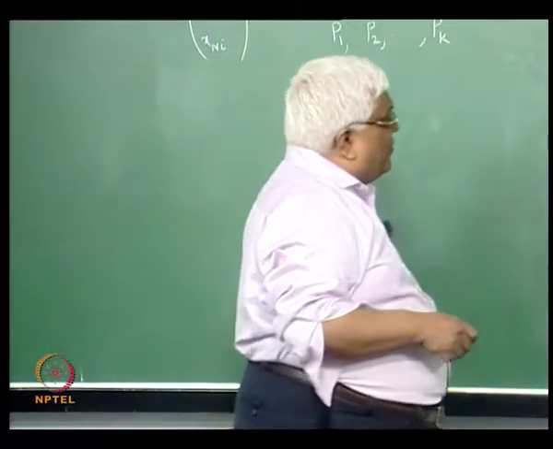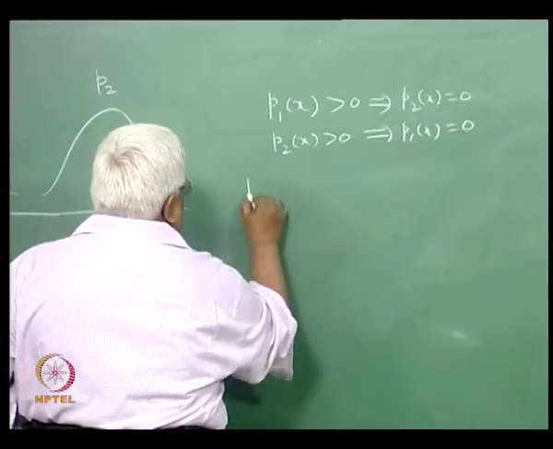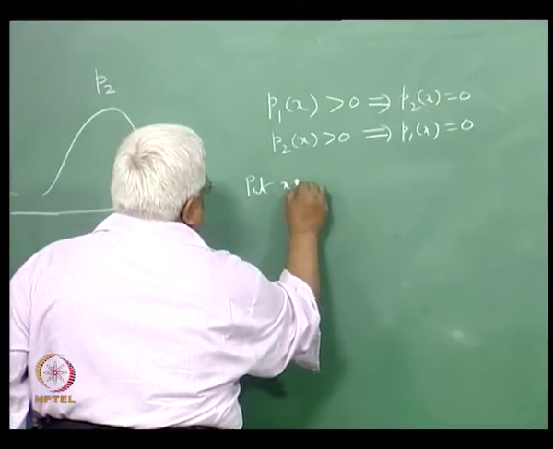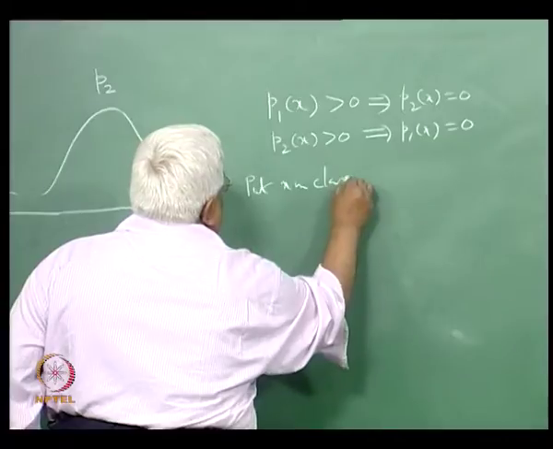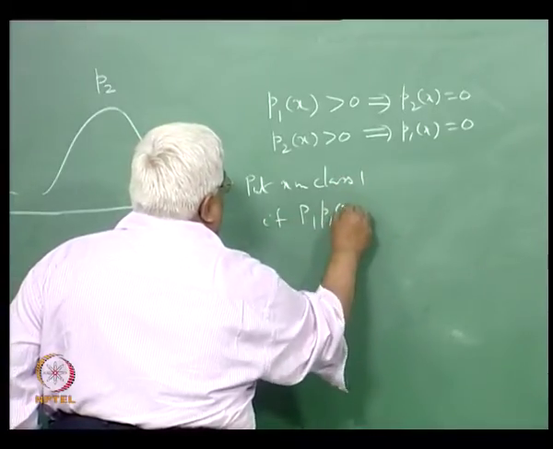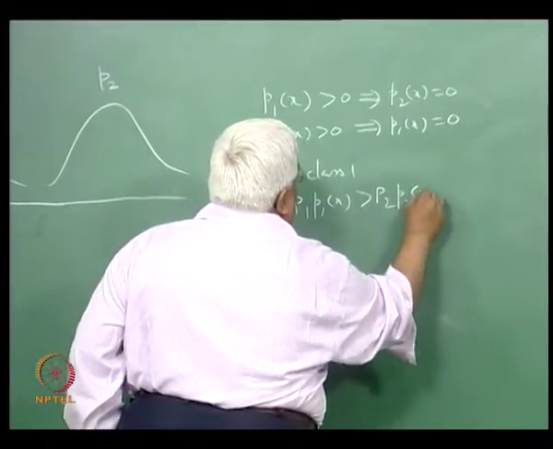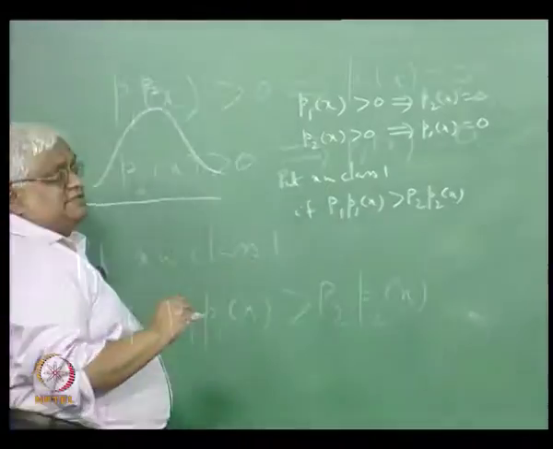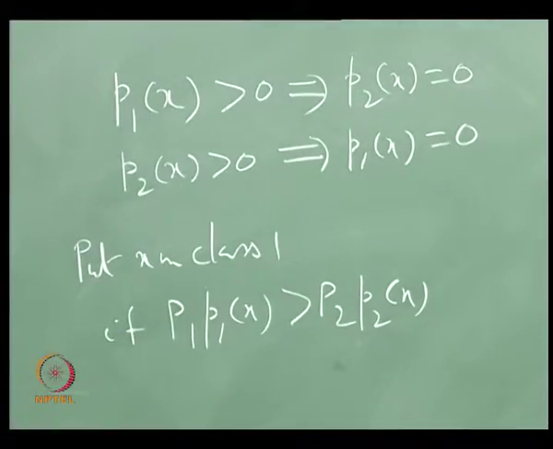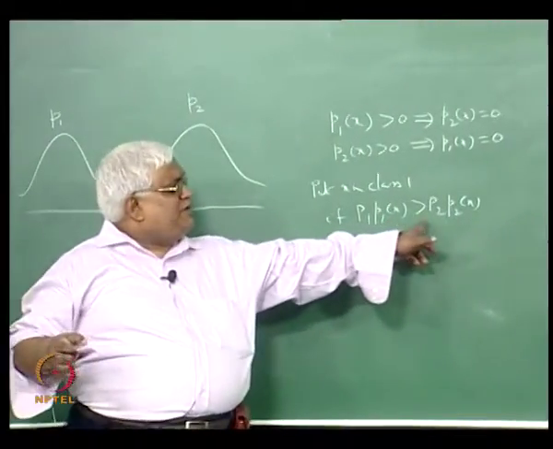Why? What is the Bayes decision rule? Bayes decision rule is put x in class 1 if P1 x is greater than P2 x. This is in the case of two classes. Now, here when P1 x is greater than 0, P2 x is 0.